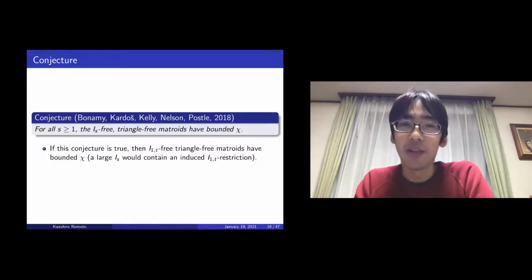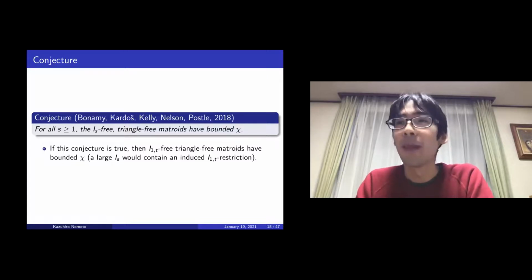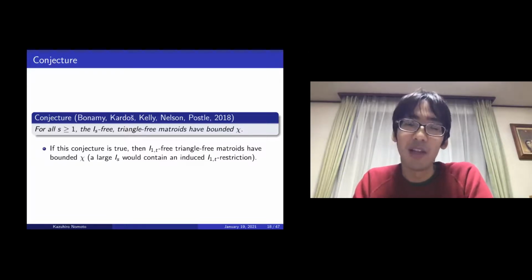The reason is that for any fixed t, say t is 5, so I'm looking at I1,5 matroids, I can find some large s, say 100, and I100 would contain a bunch of induced I1,5s, for example. So this is a necessary condition for this conjecture to be true.